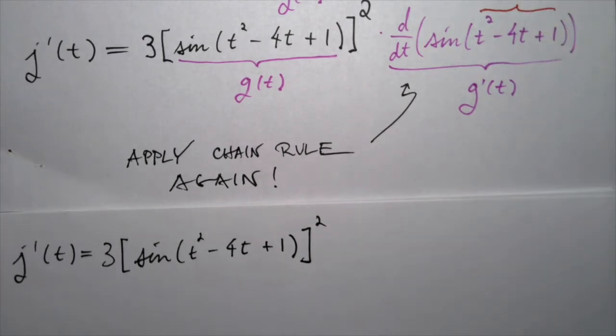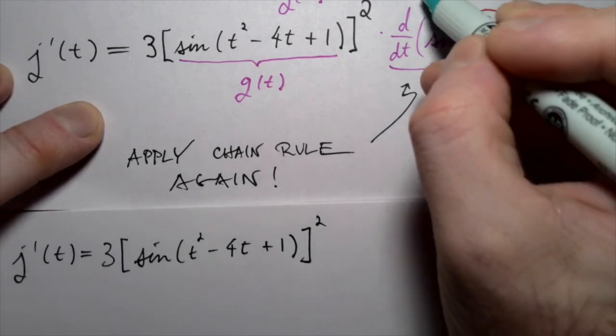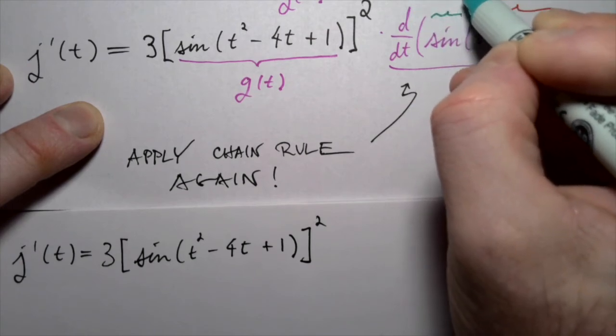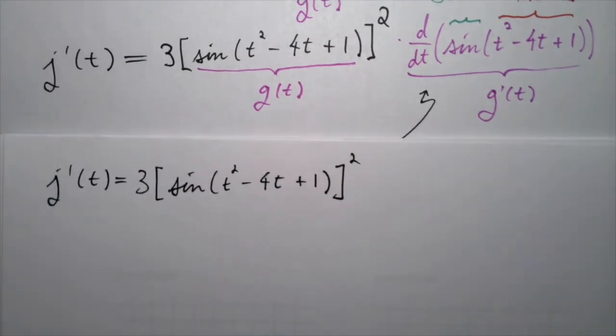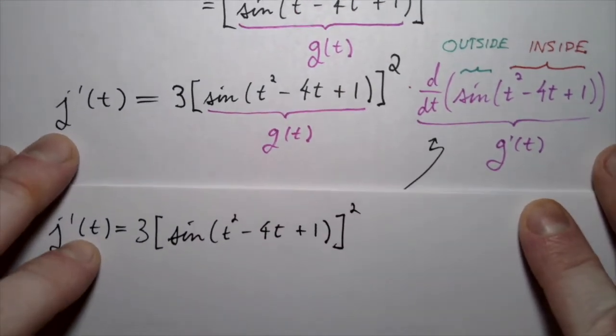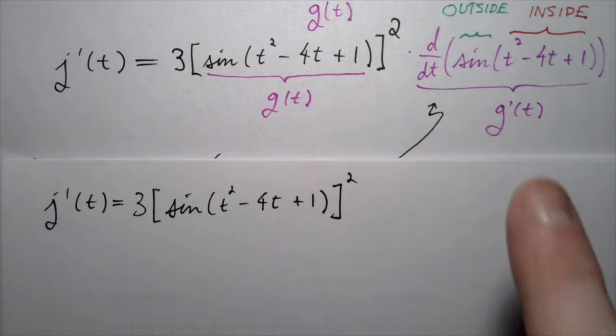And then in a slightly different color of green, sine, that's the outside, for this second instance of the chain rule. Those are the inside and outside functions for this derivative, which we're about to evaluate.